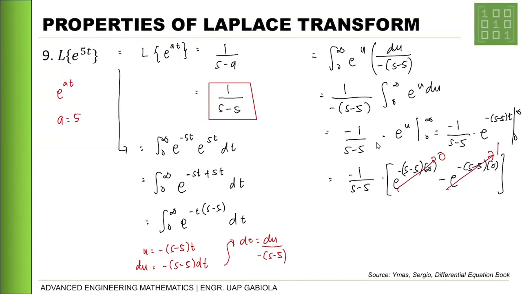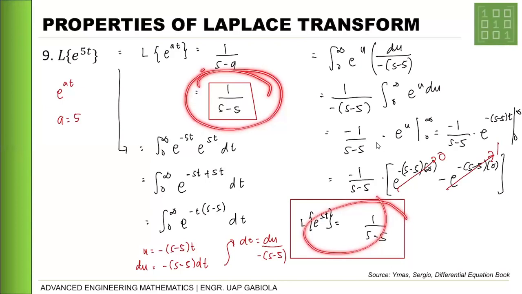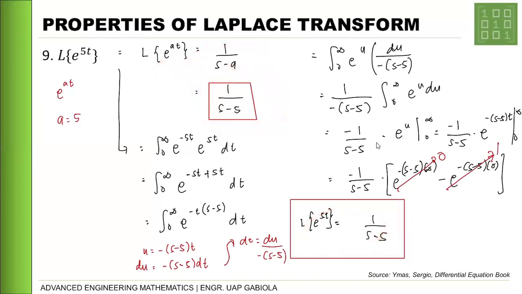So negative times negative, that will be positive. So this equals 1 over s minus 5. Okay? So ito yung answer natin for e raised to 5t. So same answer that we get using our formula for e raised to at.